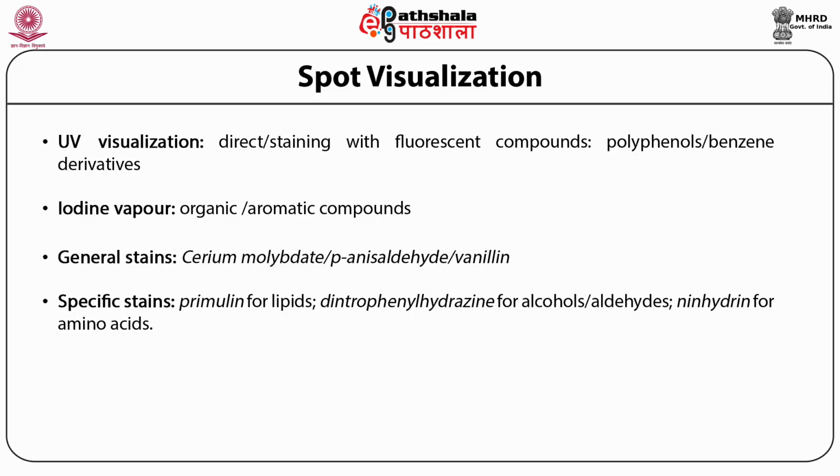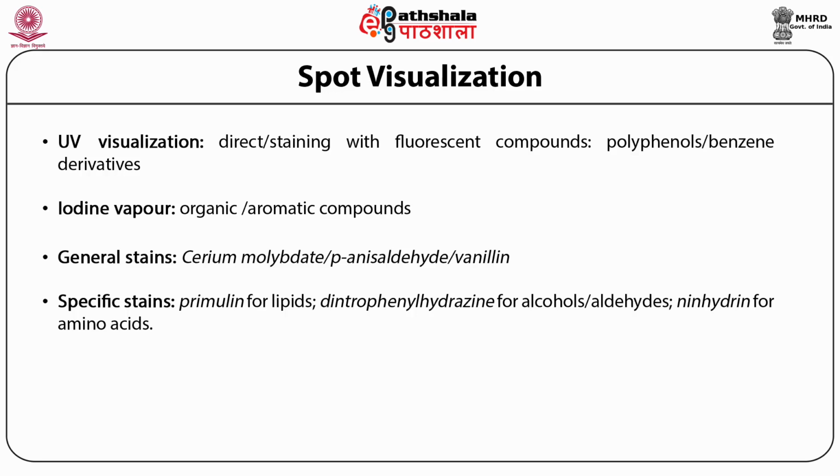In such cases, if the material is fluorescent and your spot is blocking the access of the UV to the material, the spots will be identified as dark patches, while the rest of your sorbent material, the coated material, will be fluorescent. And to mark the spot, of course, while the UV lamp is on, you will have to mark it clearly using a pencil so that later on you know where to elute it out of.